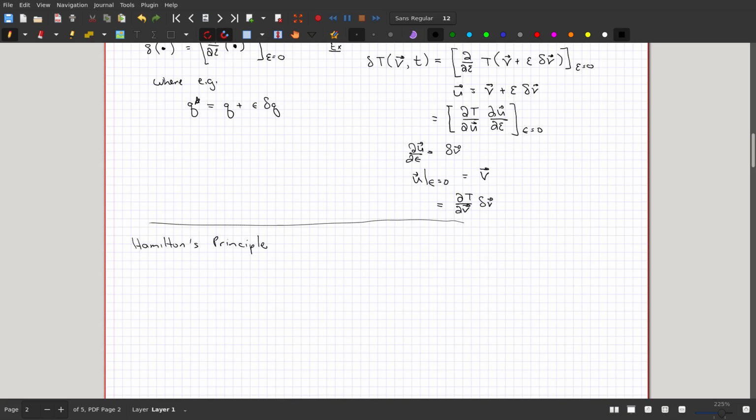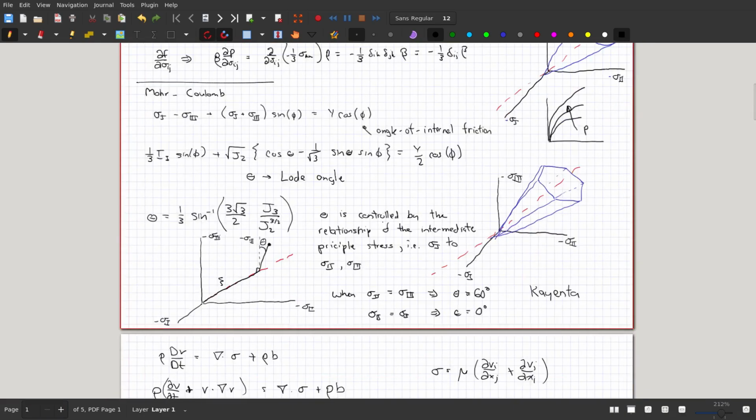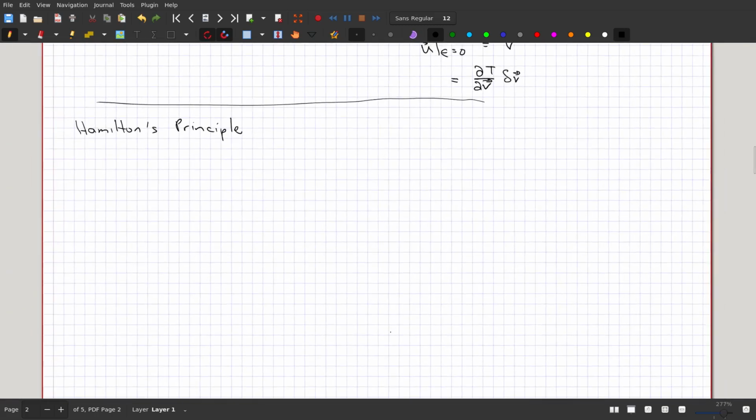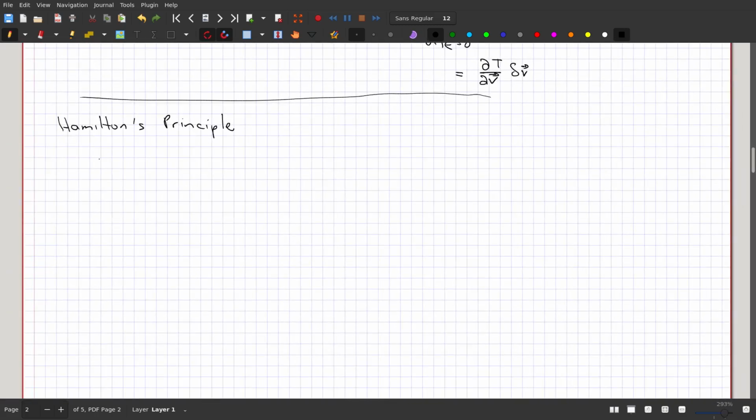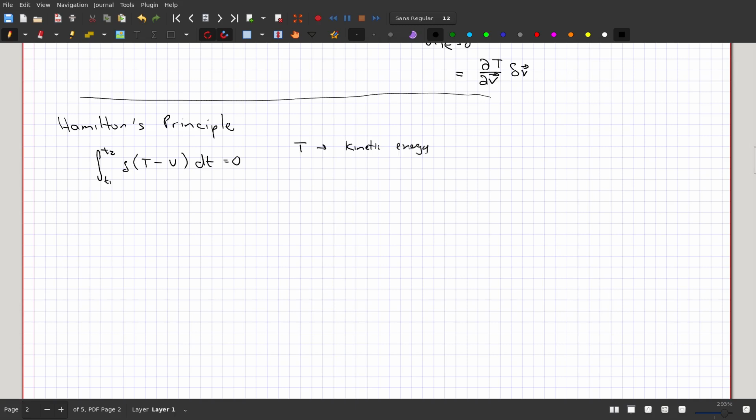And so that's what Hamilton's principle is. What I just said in words, we can state in math as, where T is the kinetic energy and U is the potential energy.